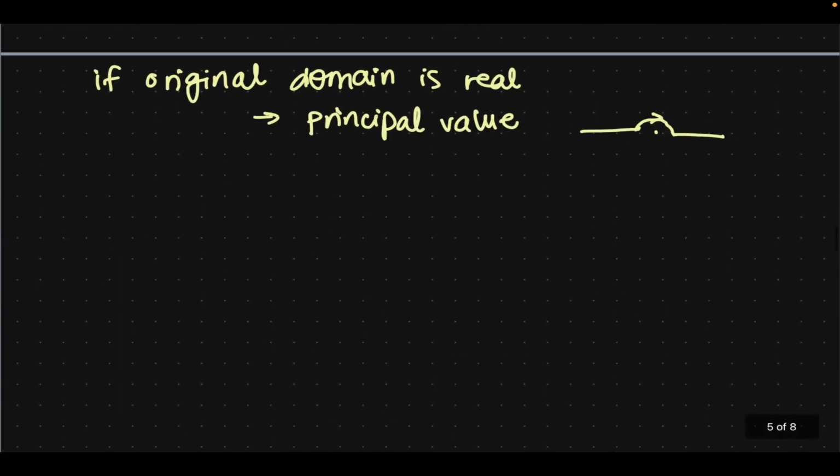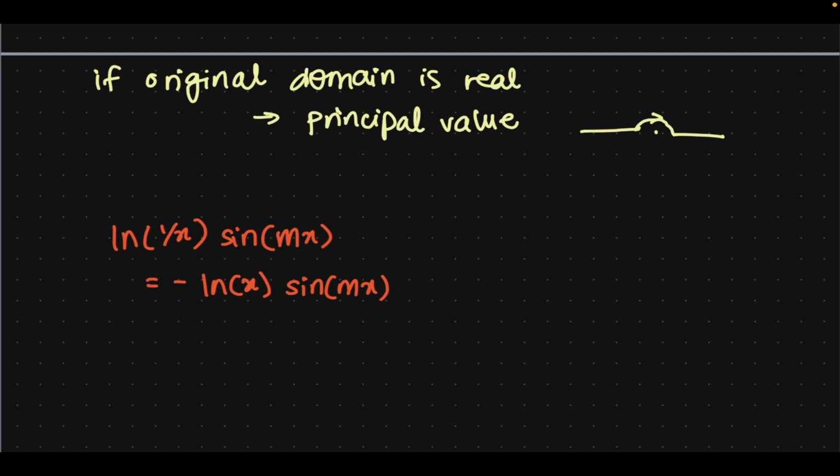And why don't they converge? Well, I can also talk about that. Look at the integrand for, let's say, natural log of 1 over x times sine of mx. This becomes minus natural log of x times sine of mx.